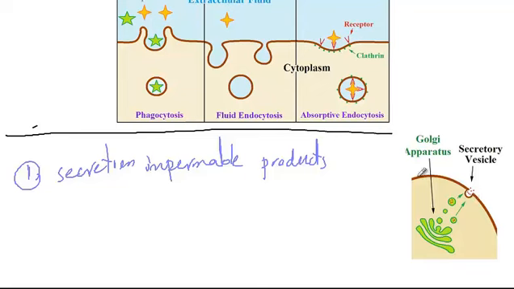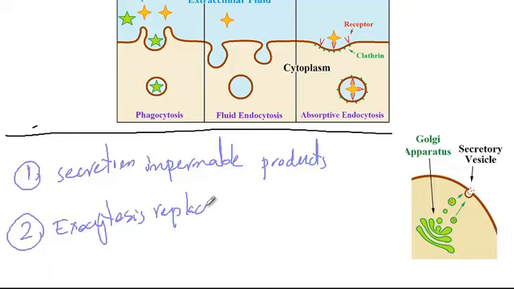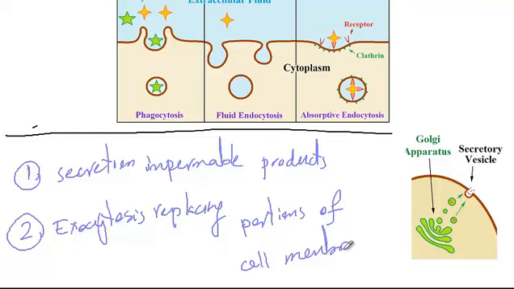And then it will also help replace parts of the cell membrane, because with endocytosis the cell membrane keeps getting smaller and smaller, so we need to somehow replace that membrane that has been taken off, and that is being done by exocytosis, replacing portions of cell membrane.